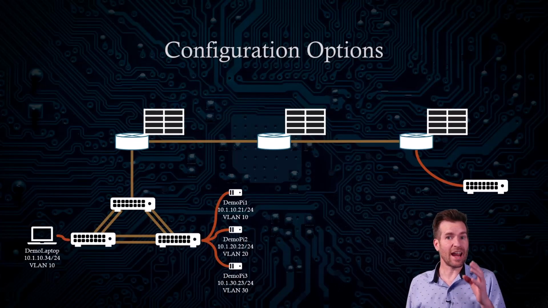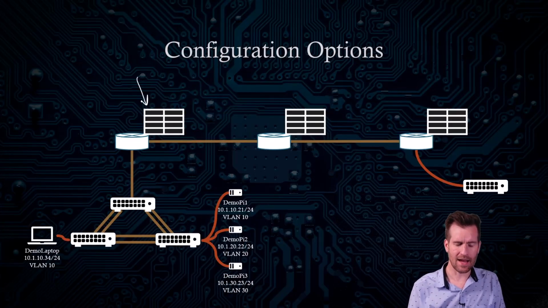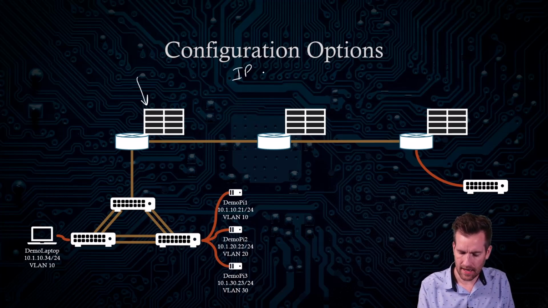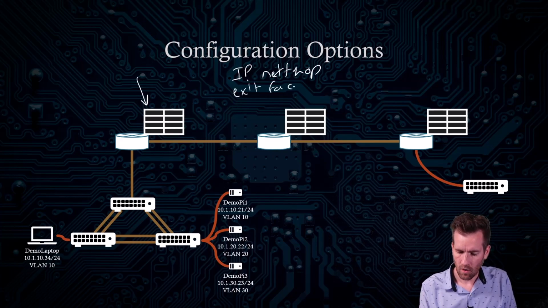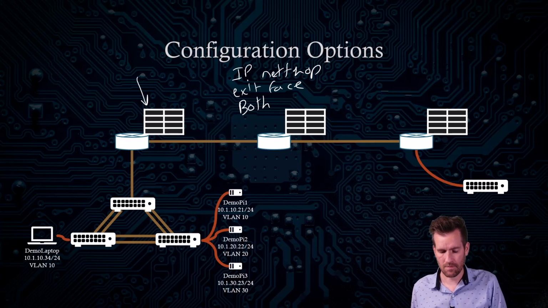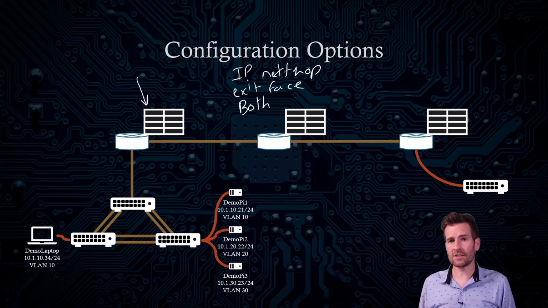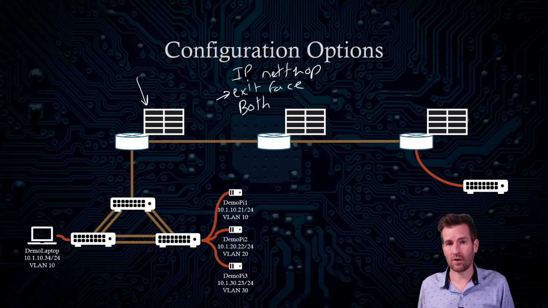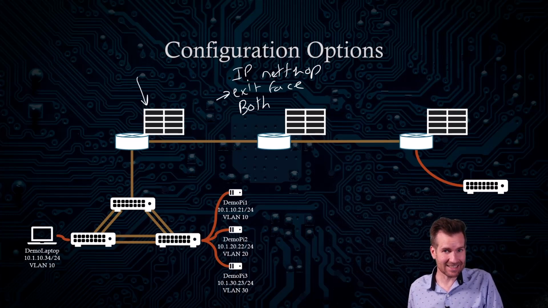When we configure a static route on our routing table, we can either specify an IP address of the next hop, or we can specify the exit interface, or we could specify both. And there's advantages and disadvantages to each of these. So if we want to specify just that exit interface, that works out great, unless it's a shared network.